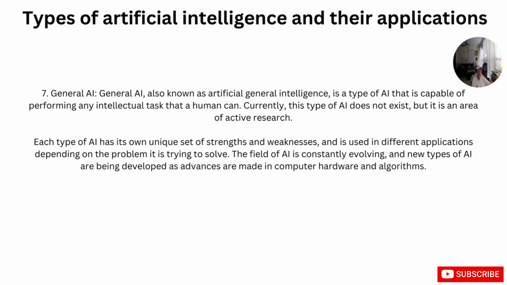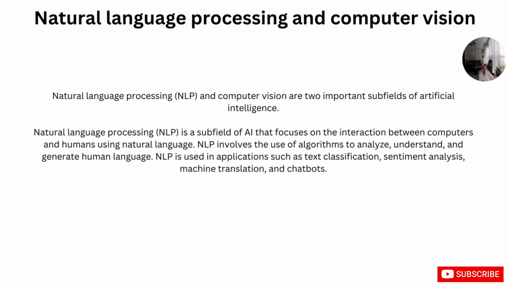Each type of AI has its own unique set of strengths and weaknesses and is used in different applications depending on the problem it is trying to solve. The field of AI is constantly evolving, and new types of AI are being developed as advances are made in computer hardware and algorithms.